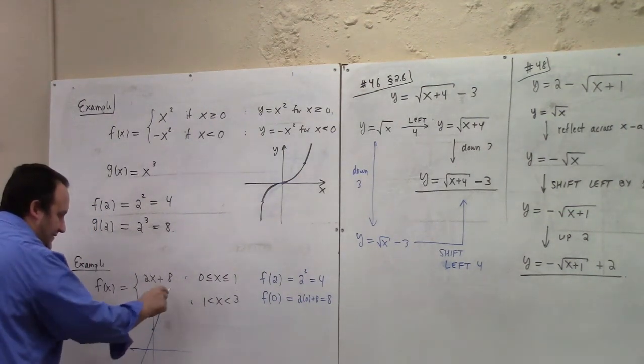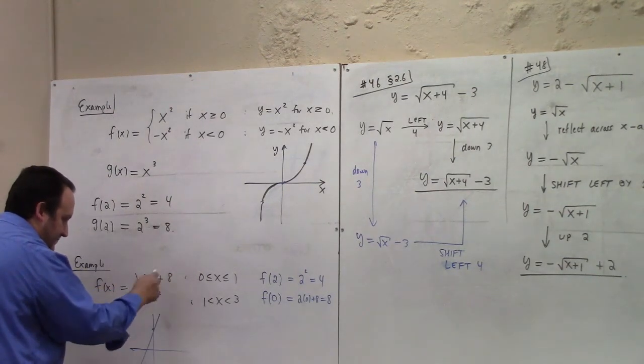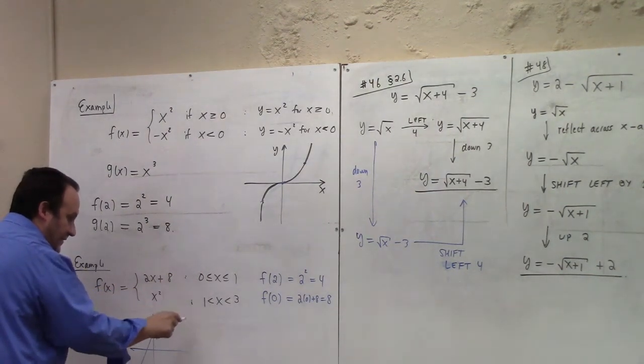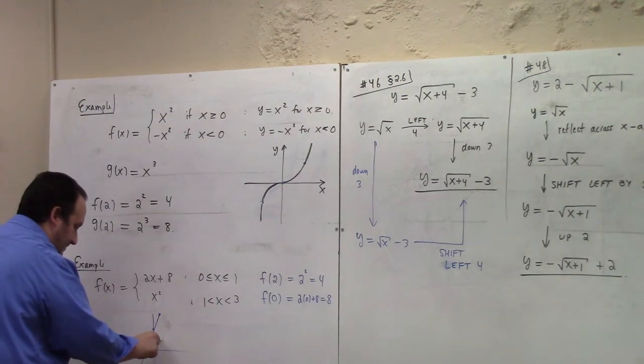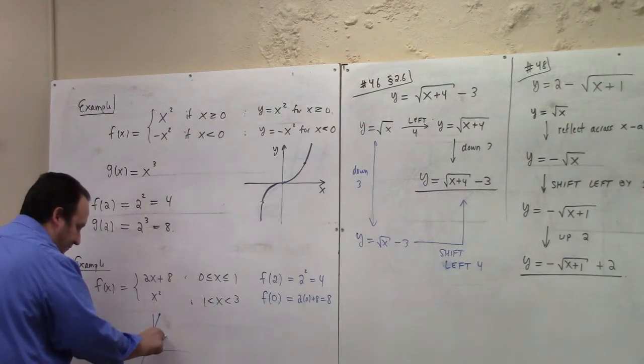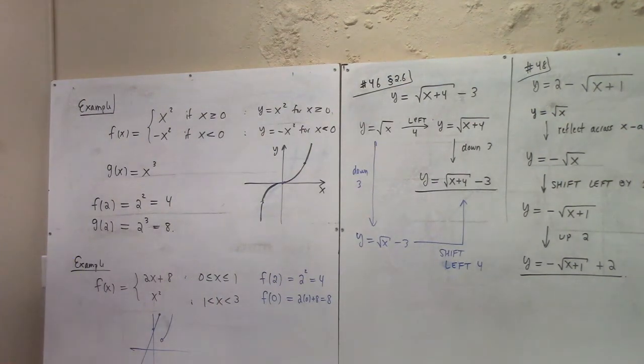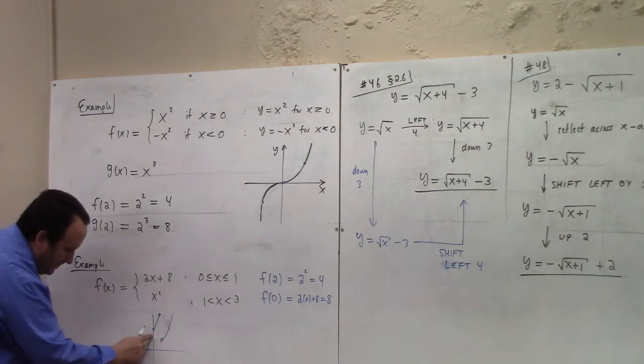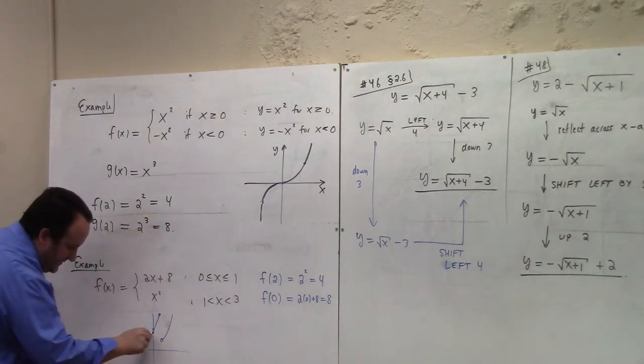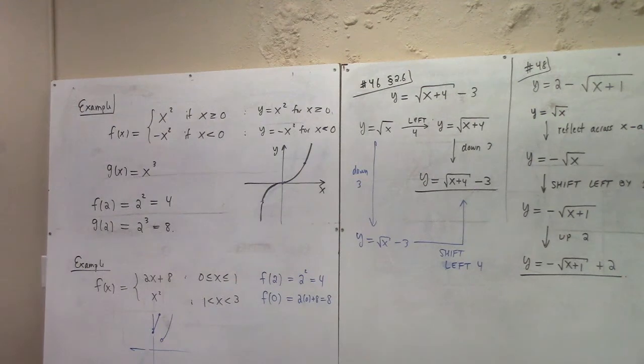And so it gets all the way over to 10 here, and then it drops back to 1, and then it's a parabola going upward, something like that. So the graphs of piecewise defined functions can be pretty funny looking. I'll try to include more examples of piecewise defined functions as we go on here.